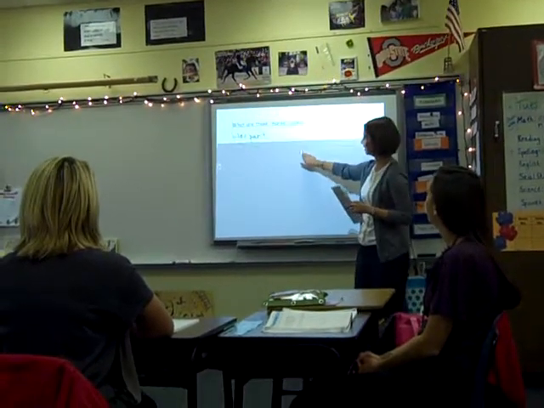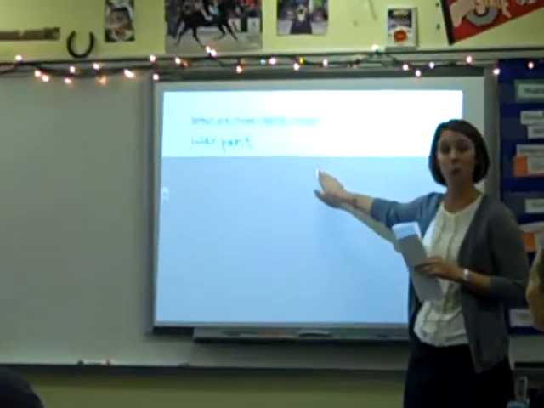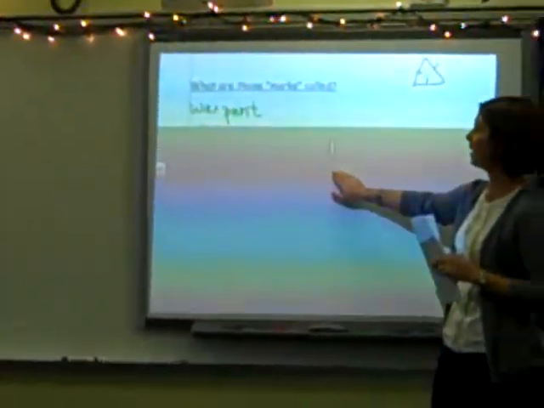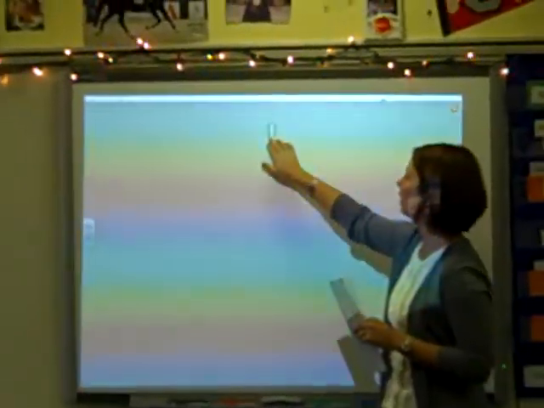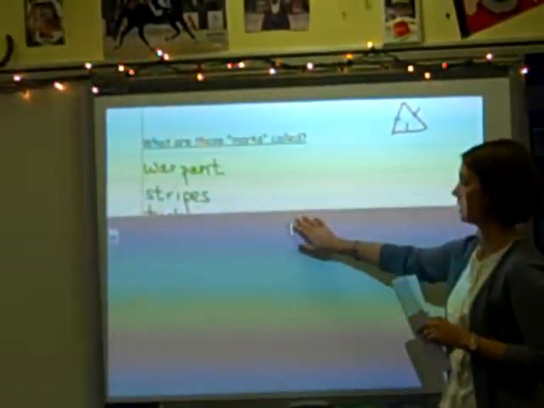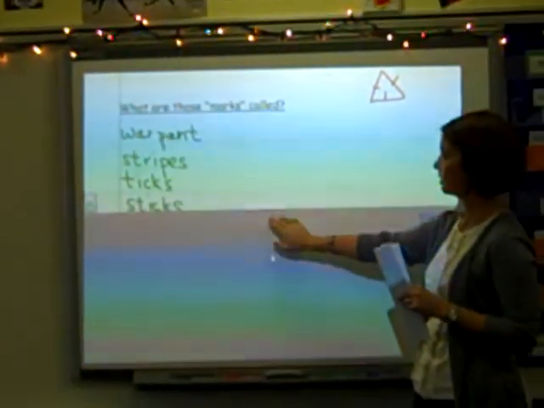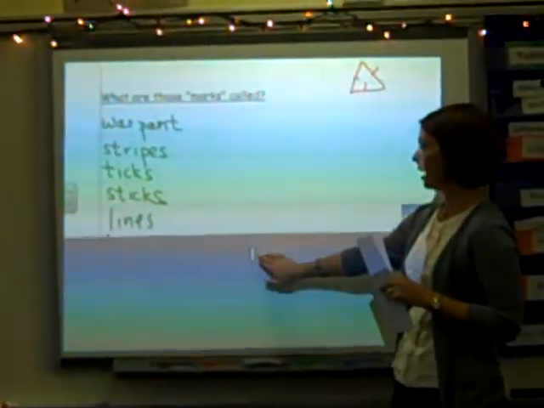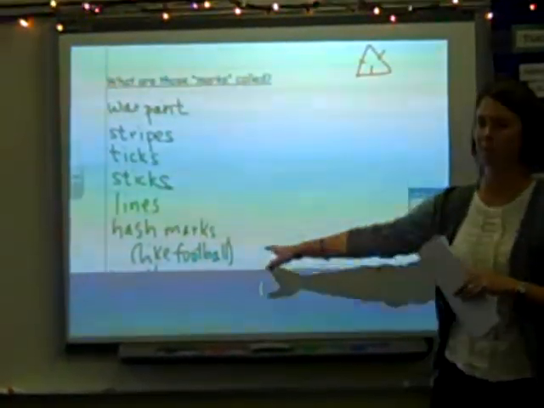So I went through with the kids, and these are some of the answers that I got. They are the triangle's war paint. They are the triangle's stripes. The triangle's ticks, like little tick marks. We got sticks, lines, hash marks. Oh, and this was one of my little guys.